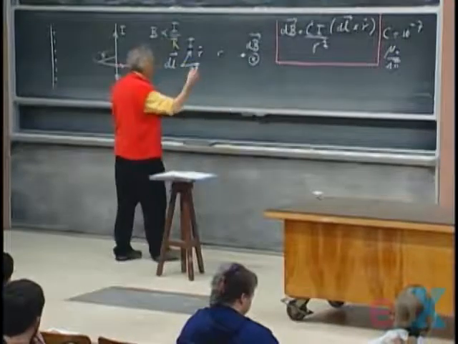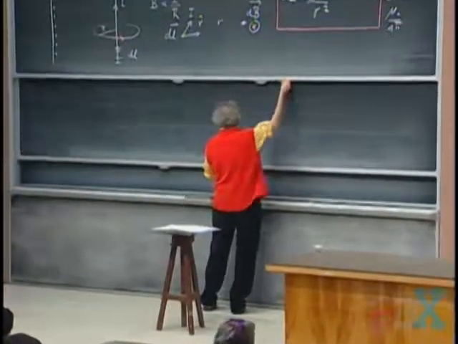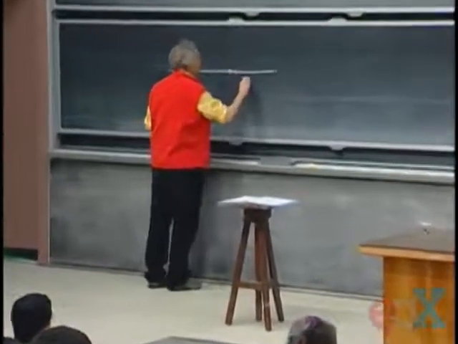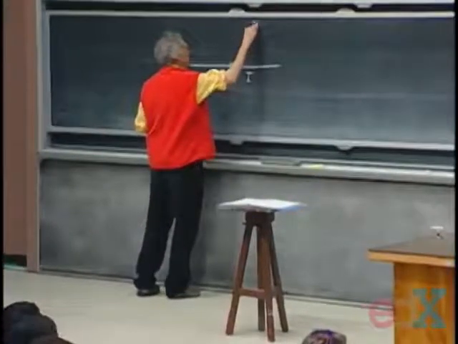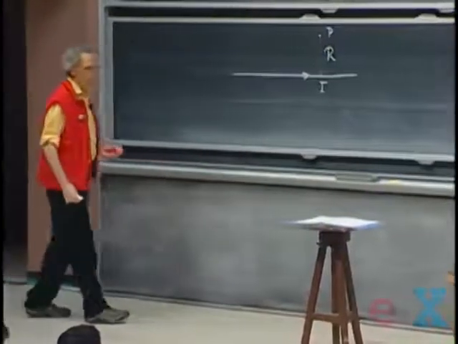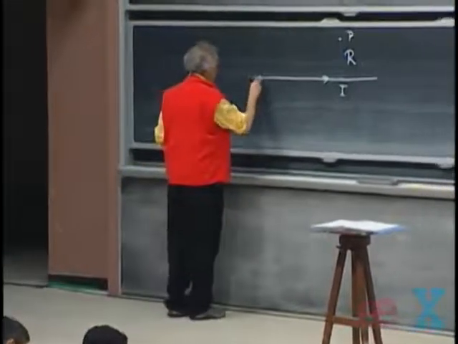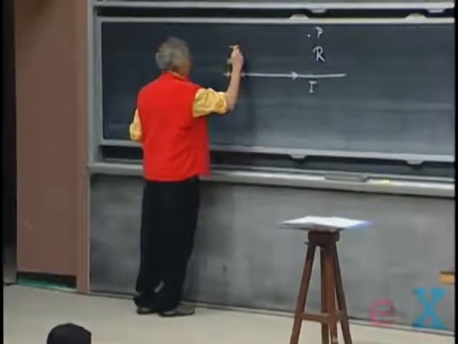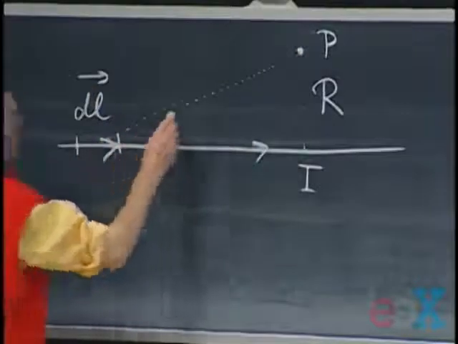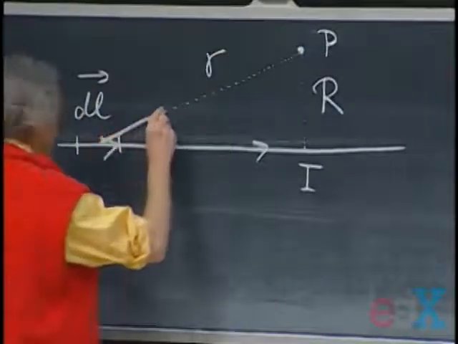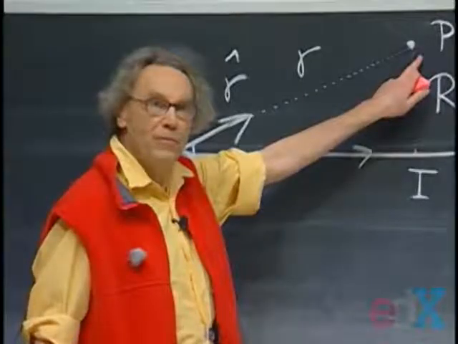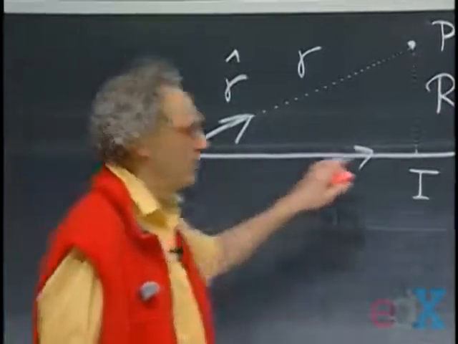So now you can apply Biot-Savart's law, and you can go to a straight wire, and you have a current I, and suppose you want to know what the magnetic field at that location P is, at a distance capital R. And so what you now have to do is carve this up into an infinite number of small elements dl, and this distance is r, and the unit vector is then like so, and you calculate the small amount of magnetic field due to this little element, and you integrate this over the whole wire.